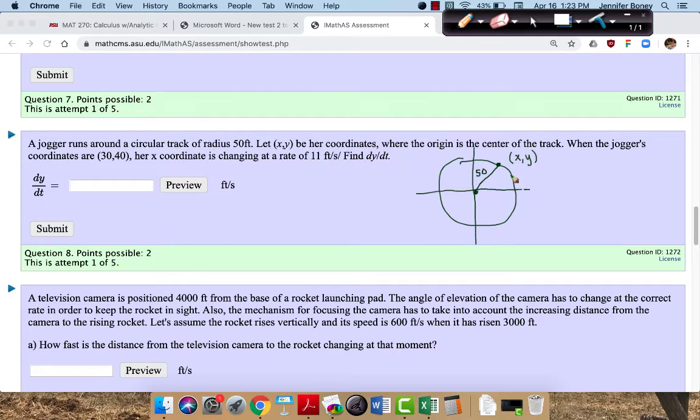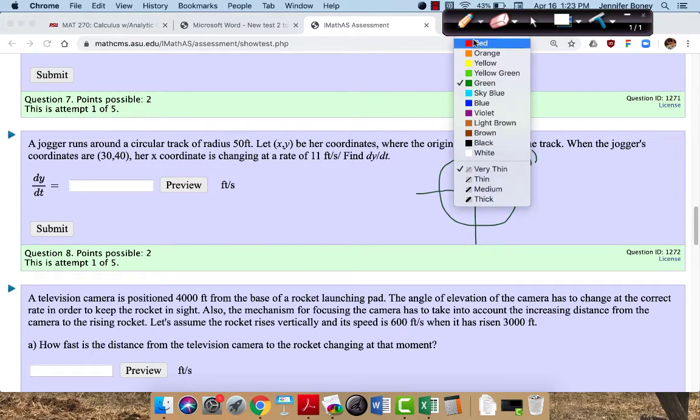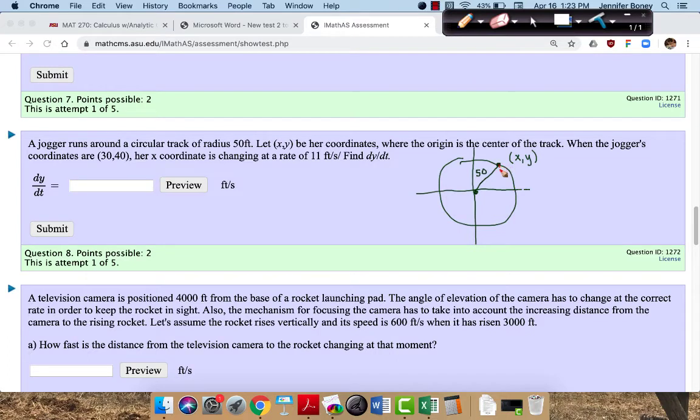But the y-coordinate then is going to be shrinking because, well, the relationship between x and y, whether you want to think of the equation of a circle with radius 50, or maybe even just think about, we don't need angles, but the x-coordinate part is the horizontal section. The y-coordinate part is the vertical section of this triangle here with radius 50.